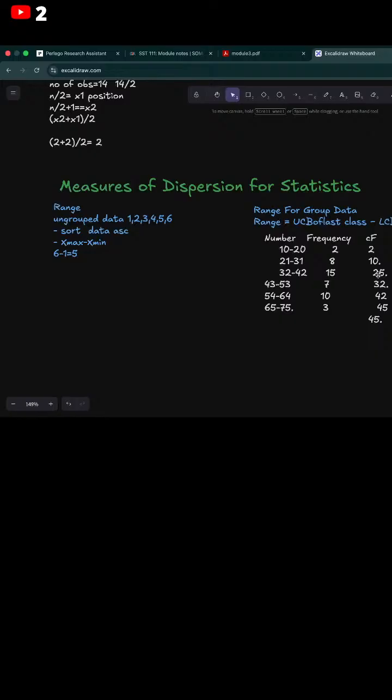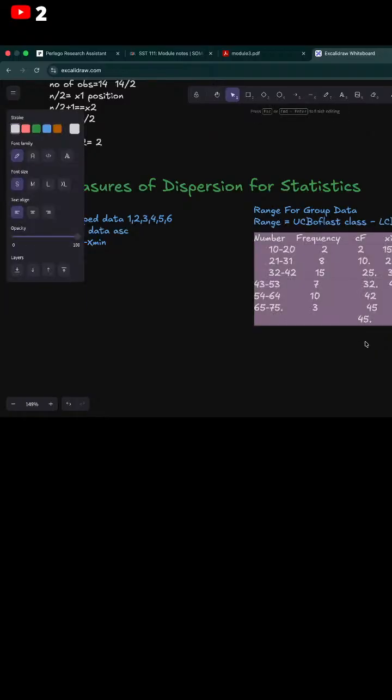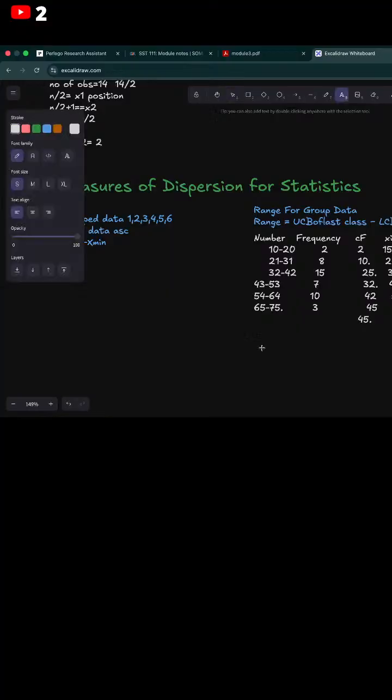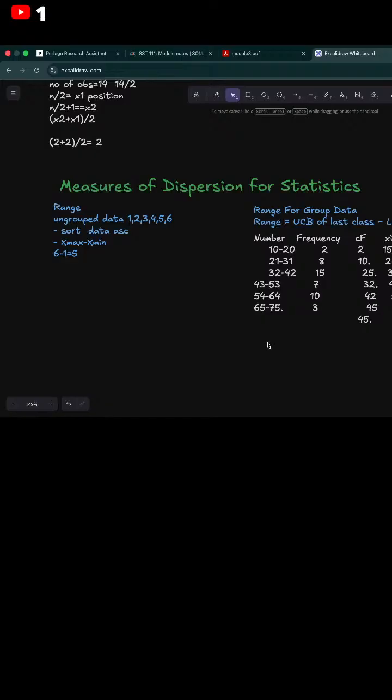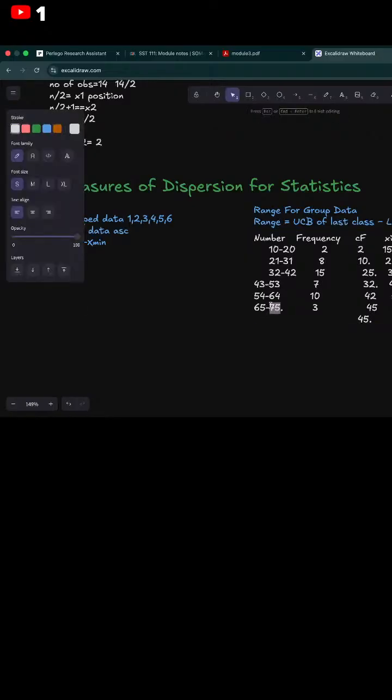So this is our data set. Doing range is also simple. We use this formula, and UCB means upper class boundary. These are our classes. When you are told upper class boundary, you go to the last class, then you do the midpoint.